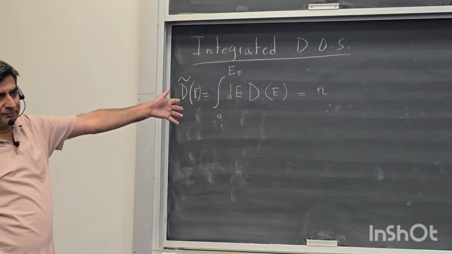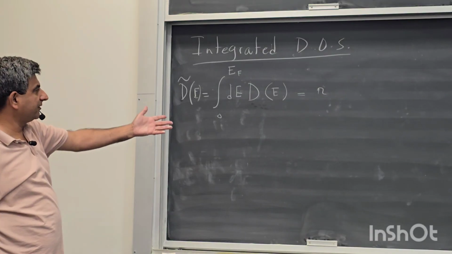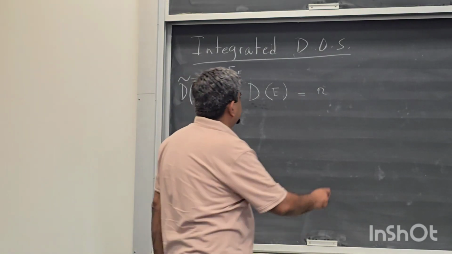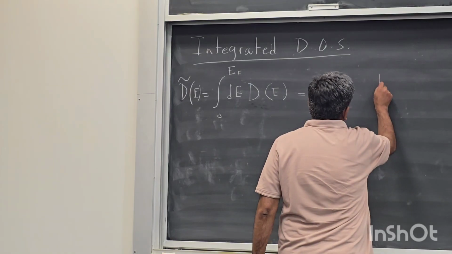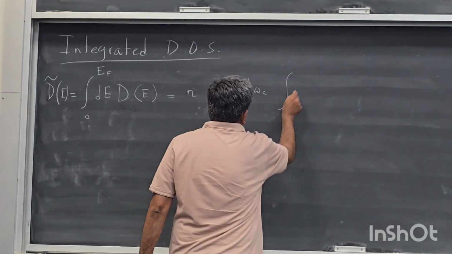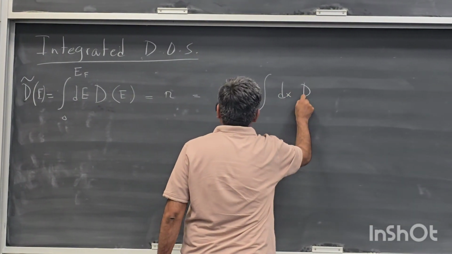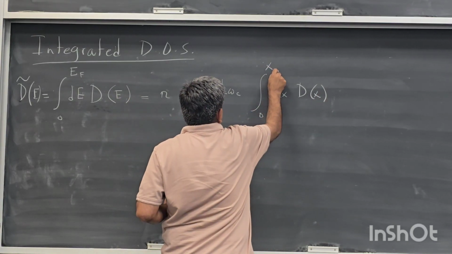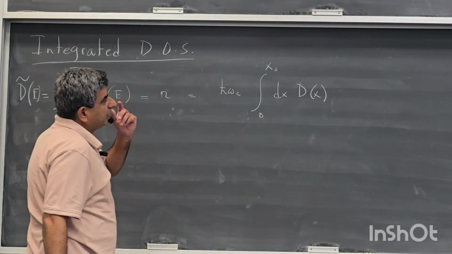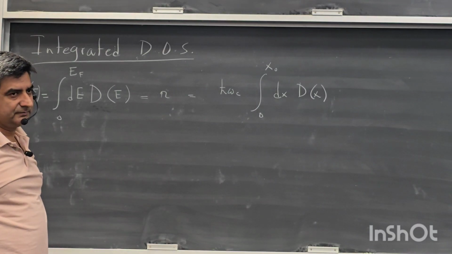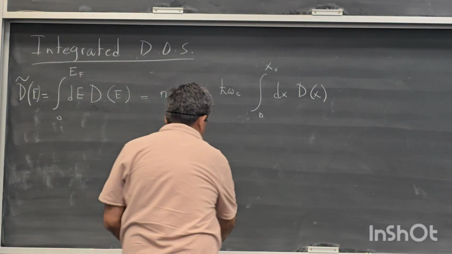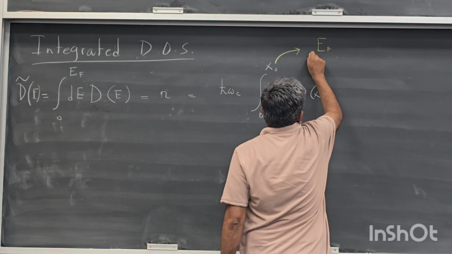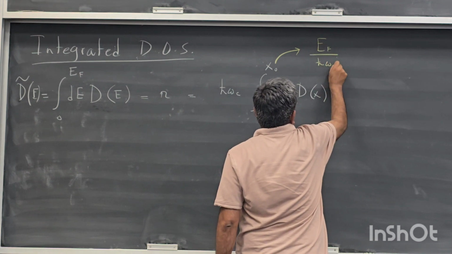This should be true. Now if I change the variable from E to x, this is what it looks like: h bar omega c dx, from 0 to x naught, where x naught is EF over h bar omega c.